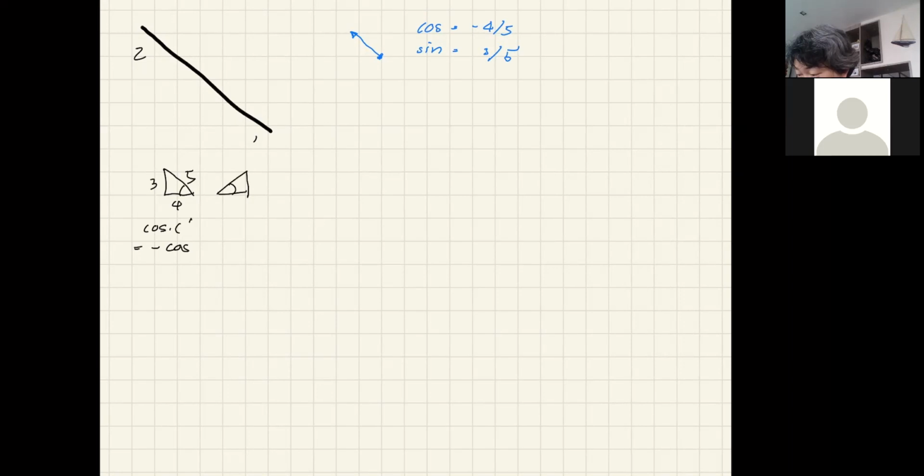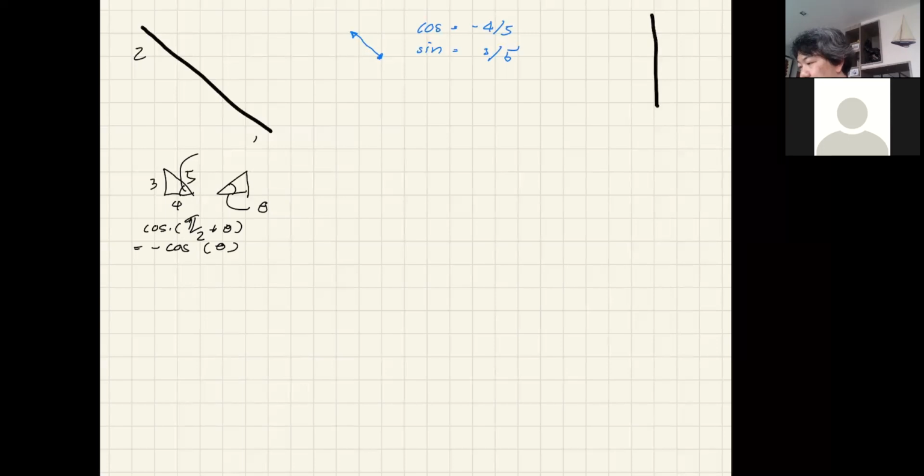If this is your theta, this becomes your pi over 2 plus theta, and this is equal to minus cosine theta. If you are pretty good at that, it's no problem. Or I remember that my very beloved math teacher taught me this: you just remember this. This is your quadrant, right?